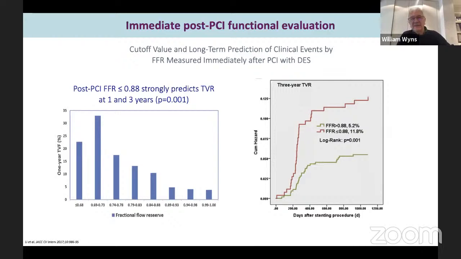The event rates, particularly need for repeat intervention, increase dramatically if the patient leaves the cath lab with a poor functional result. And the study on the right shows the 3-year TVR between those patients. This is from DK Crush 7. Actually, you see there is a very significant difference in TVR.